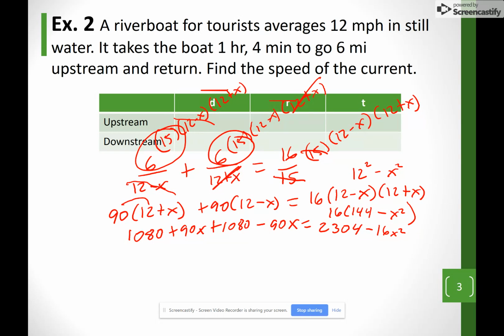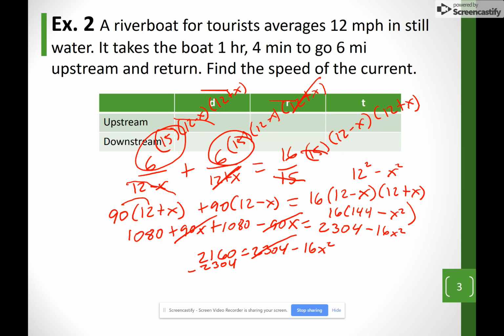Now on the left side, I see 90x minus 90x. Cool, that cancels out. So I have 1080 plus 1080. That gives me 2,160 is equal to 2,304 minus 16x squared. Let me subtract 2,304.